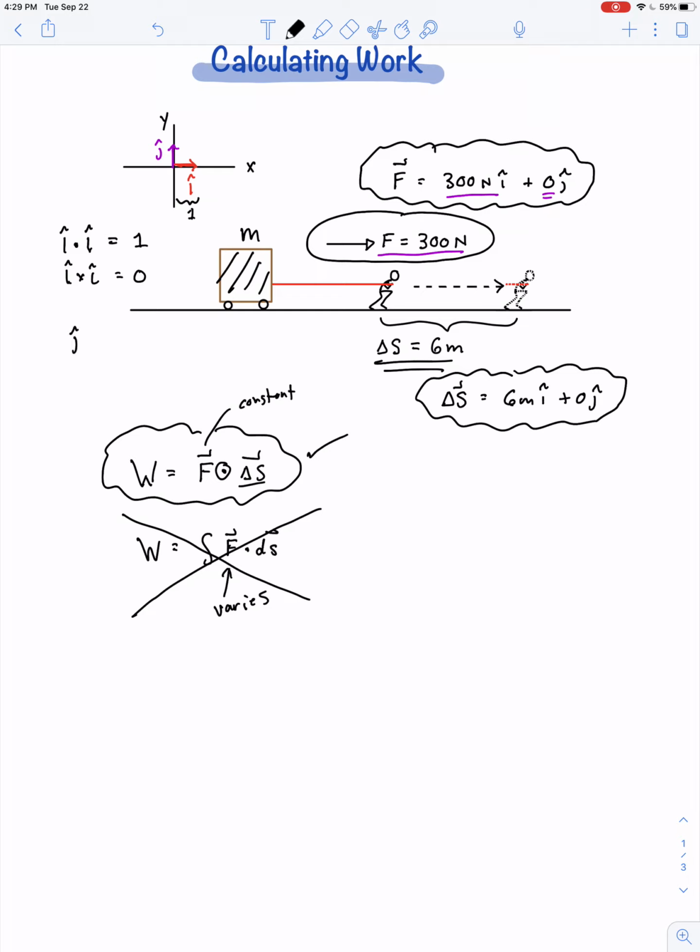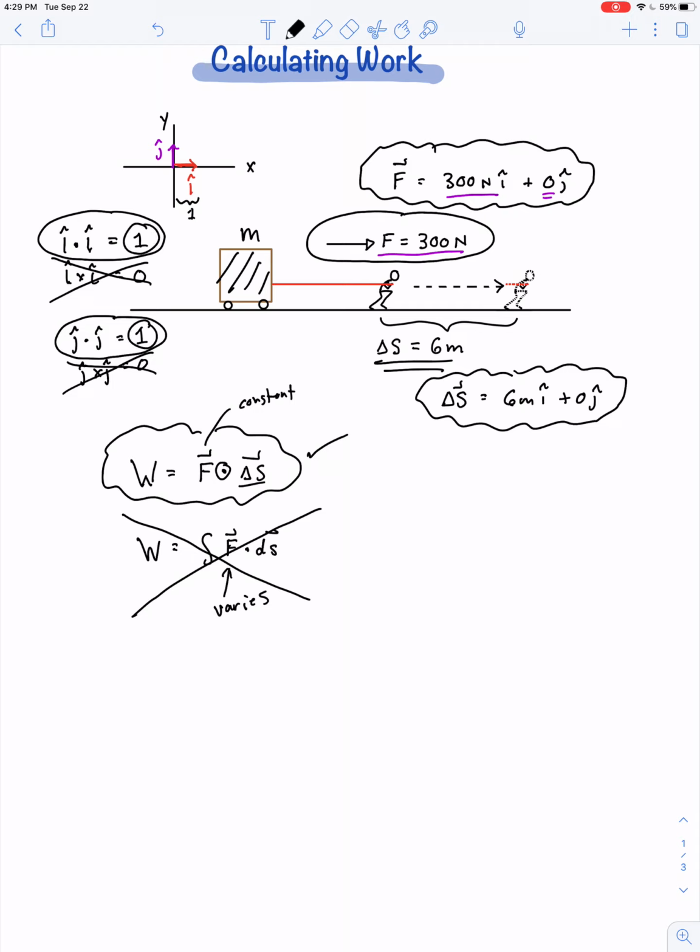Likewise, j dot j is equal to 1. j cross j is equal to 0. And we'll learn more about cross products in a future chapter. For now, it's important to know that the dot product of i with itself gives you a scalar of magnitude 1.